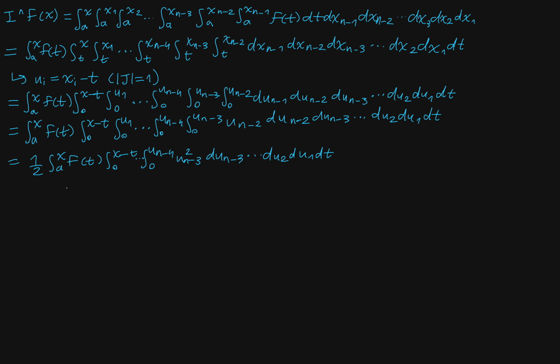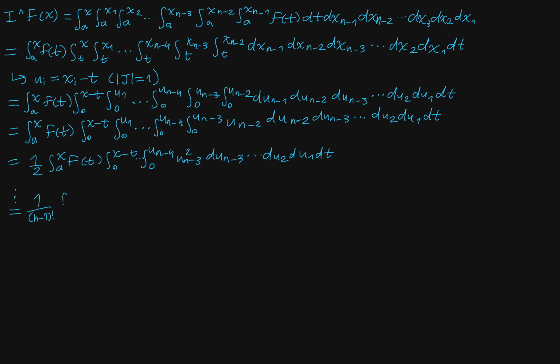Alright, and so basically, here you're going to get reciprocal factorials, and these powers keep increasing. So towards the end of it, until we reach the outer integral over here, this is n minus 1 integrals, it's going to get all the way to the power of n minus 1, and then you have n minus 1 factorial out in front.